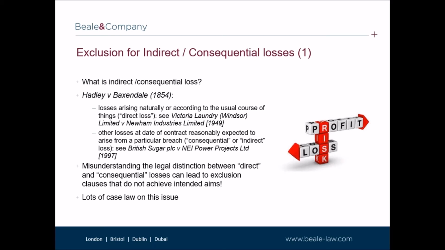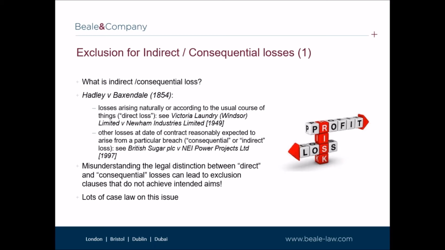The court held that this clause did not exclude all liability for loss of profits, but only loss of profits of an indirect or consequential kind. As the claim was for direct loss of profit, the clause did not protect the defendant.